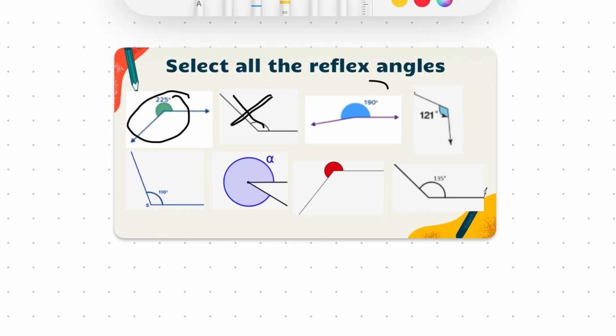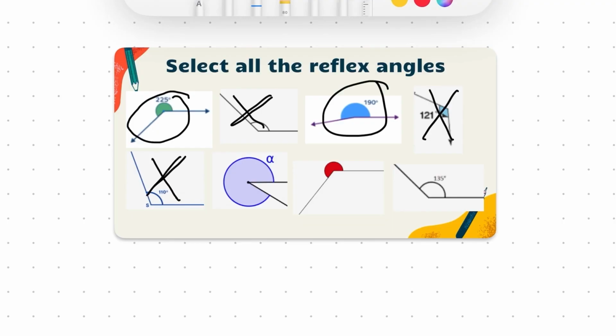So therefore, it is also a reflex angle. What about the next diagram? 121 degrees. Is that greater than 180? No, it's less than. So therefore, we can classify this as an obtuse angle. The next diagram similarly showcases an angle that is less than 180 degrees. 110 is too small to be a reflex angle.